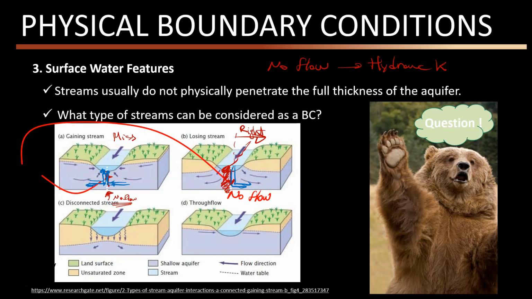Similarly, I put a no flow boundary condition, for example, here. So these are all my no flow boundary conditions, and I want to model what is going on here. The water hits a no flow boundary condition and goes up. This is one very interesting situation that we usually consider once we are dealing with streams.